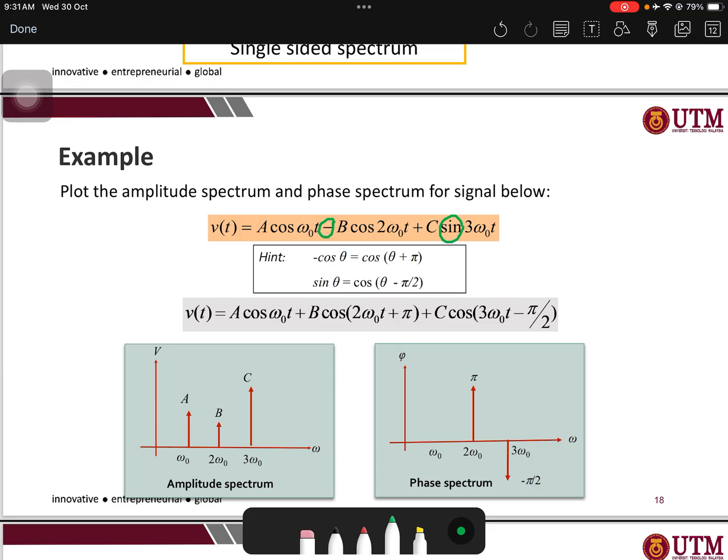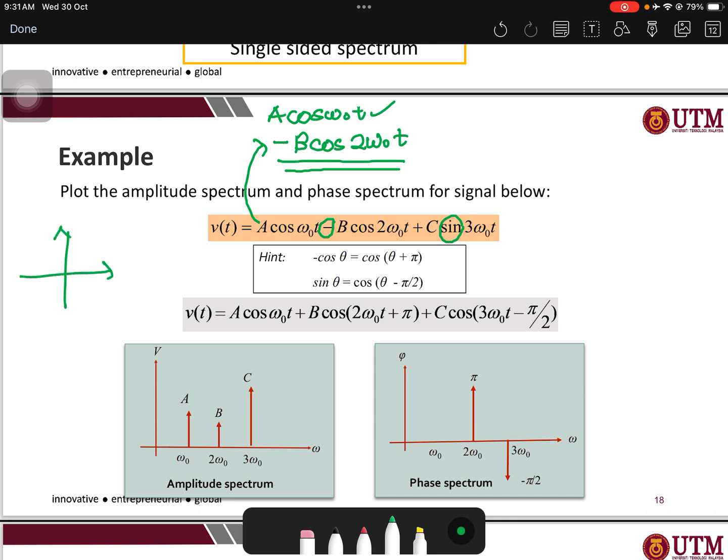When you write the positive cosine, you know that the first component is A cos omega naught t. It is okay. What about the B? Negative B cos 2 omega naught t. Remember how to convert the negative cos omega t. Just draw: this one is cos, this one is sine, this one is negative sine.